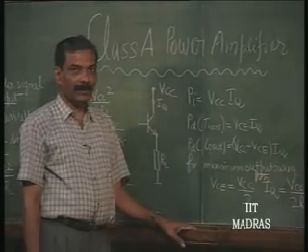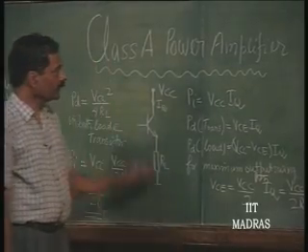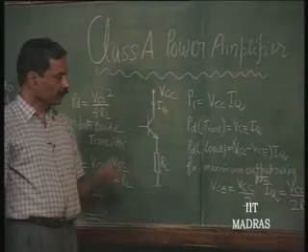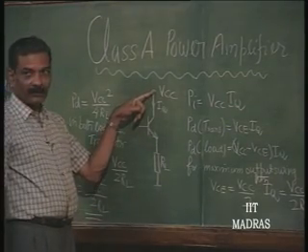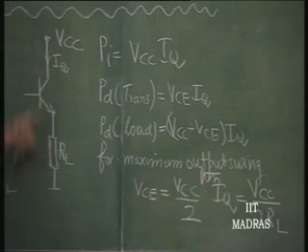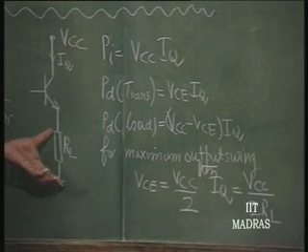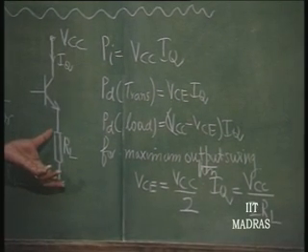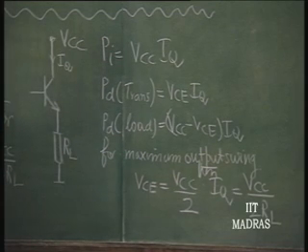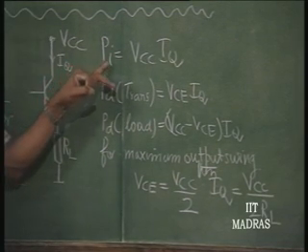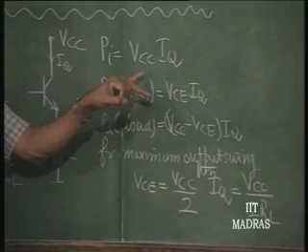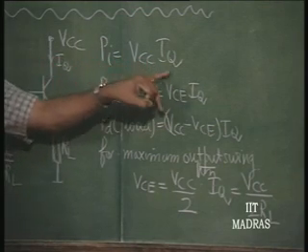Let us now summarize what we have learned so far. In a class A power amplifier, given a supply voltage of VCC and load of RL, we have connected a transistor in series with this, so that we can control the power in RL, or we can get the output power in RL. So, Pi is always VCC into quiescent current.